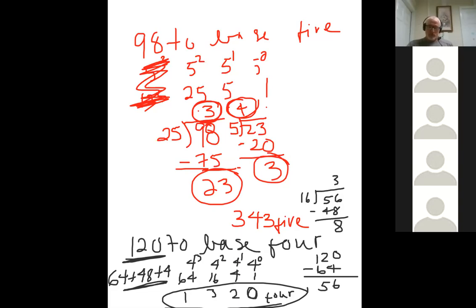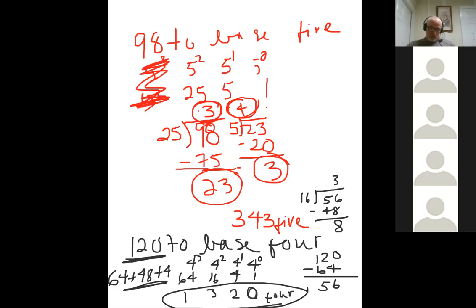So when you're writing these numbers, you have to make sure you use all the place values. We've got 4 place values, so you have to have a digit in there for each one. Furthermore, if you notice the digits in the answer, 1, 3, 2, 0, all of them are less than the base.